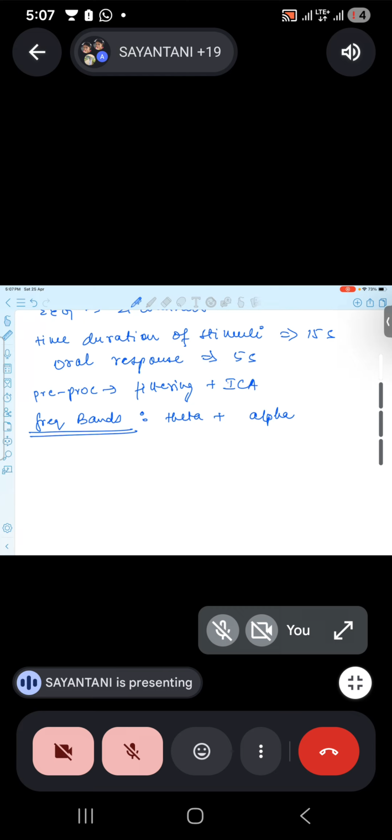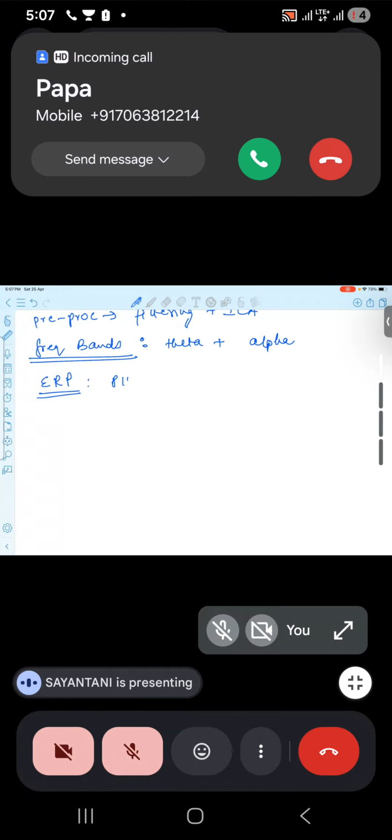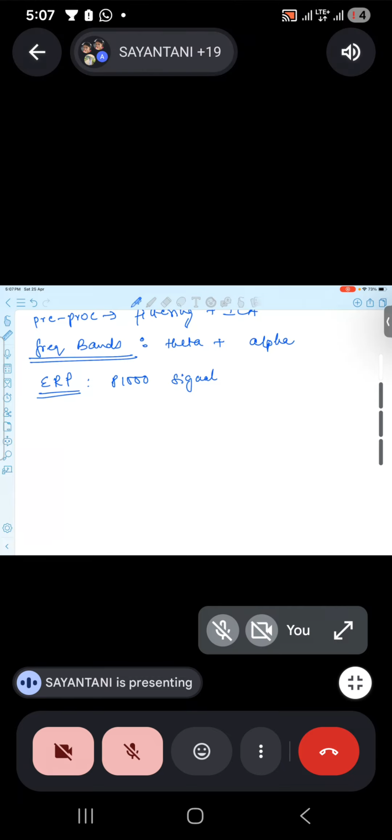So frequency-based analysis can be performed in this particular region. But apart from that, we had also done event-related potential analysis and found that the P1000 signal was very high when the given stimulus was painful, and there was no P1000 signal when the stimulus was non-painful.